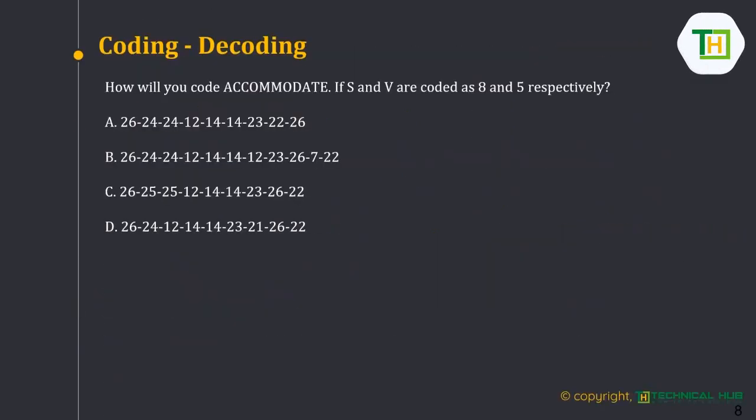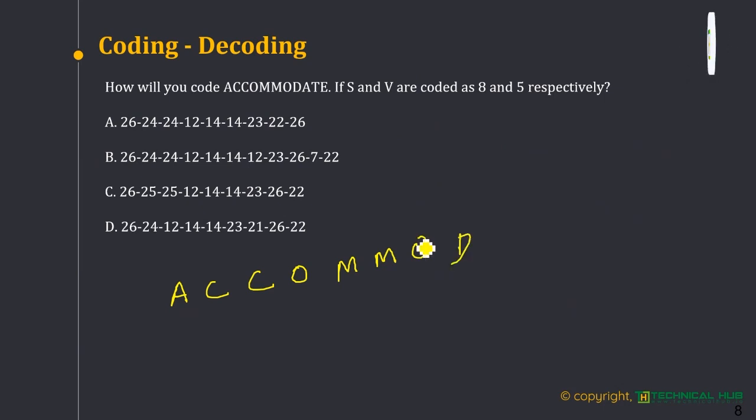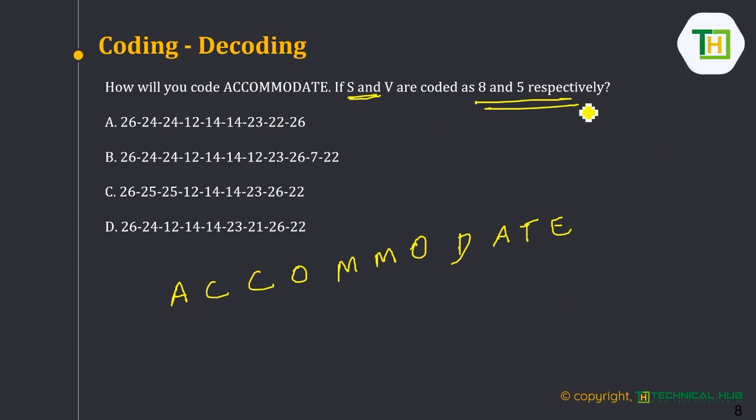Coding and decoding. So what does coding and decoding mean? If the given code is accommodate, A C C O M M O D A T E, and one condition is given: S and V are coded as 8 and 5 respectively.